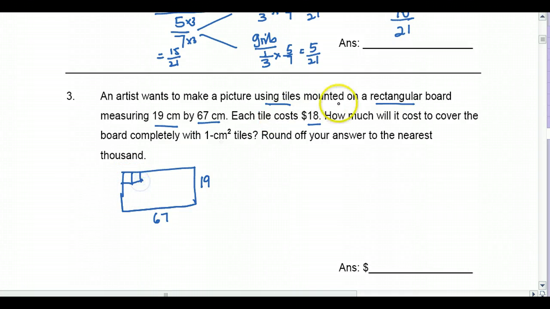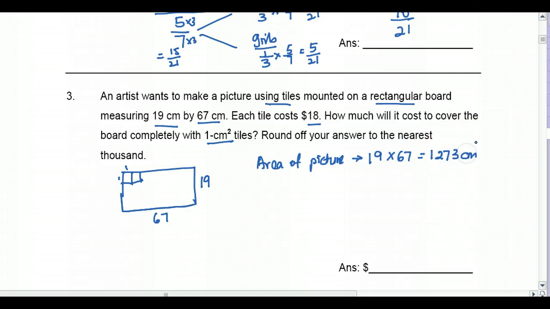How much would it cost to cover the board completely with 1 cm square tiles? So the tile is 1 cm by 1 cm. Okay, so I need to find the area of the picture. The area will be 19 times 67, which will give me 1273 cm square.